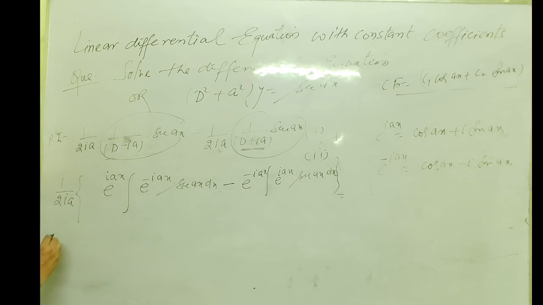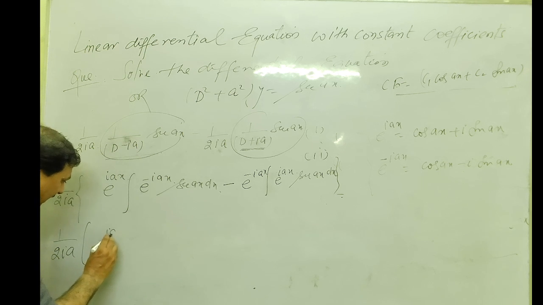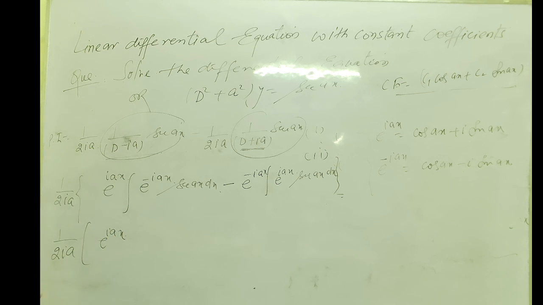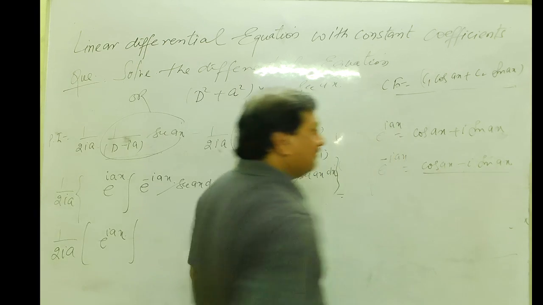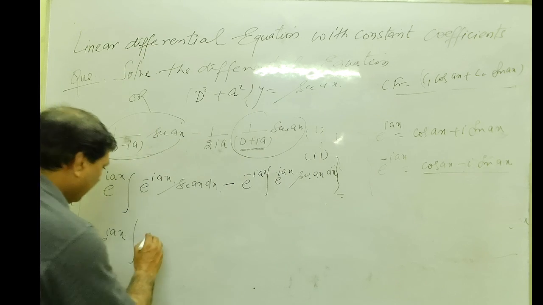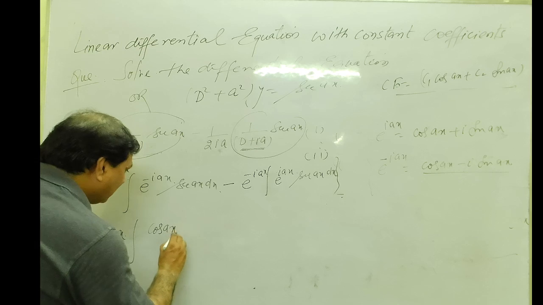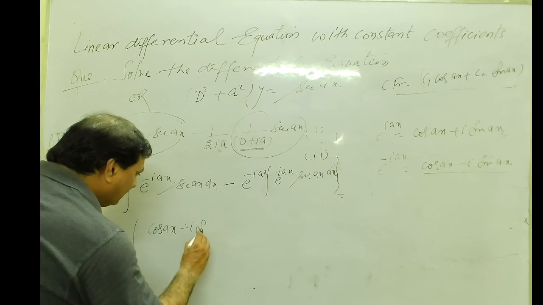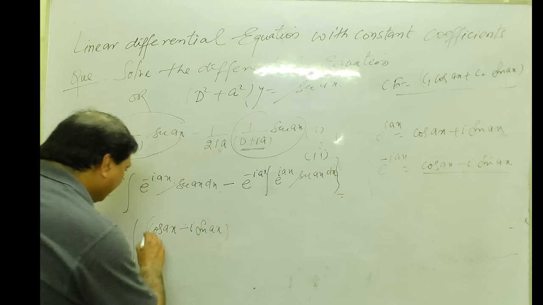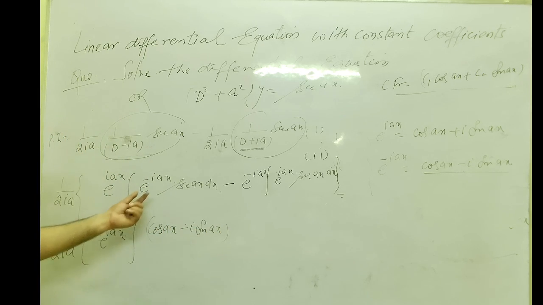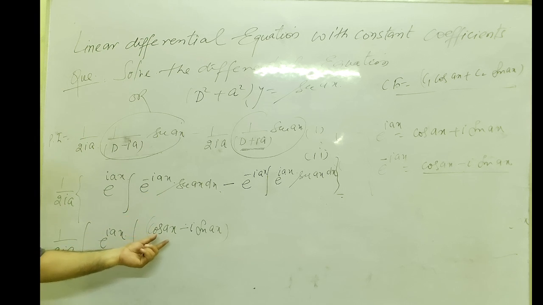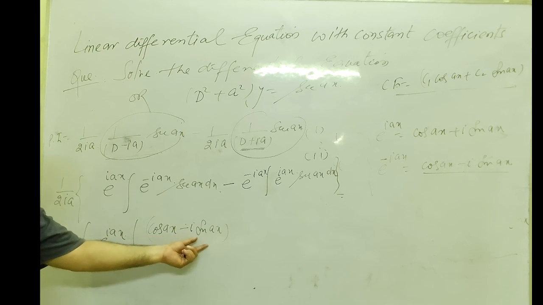That means 1 upon 2ia, e power iax, no change. That means here integration e power iax. Put the value of the minus sign in this: that means cos ax minus i sin ax. My dear student, please check carefully. Put the value of e power minus iax: cos ax minus i sin ax.